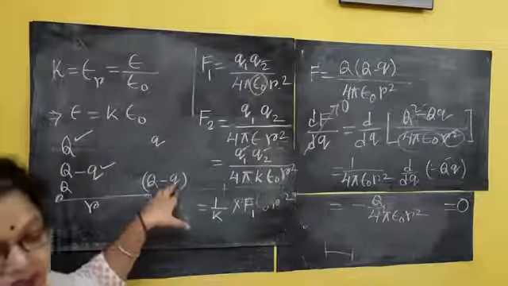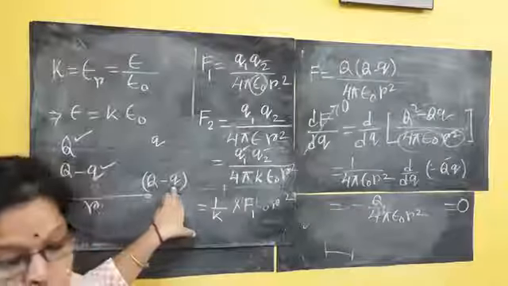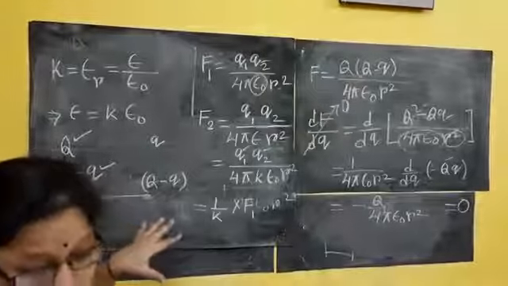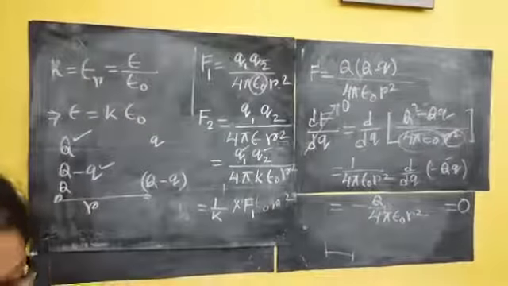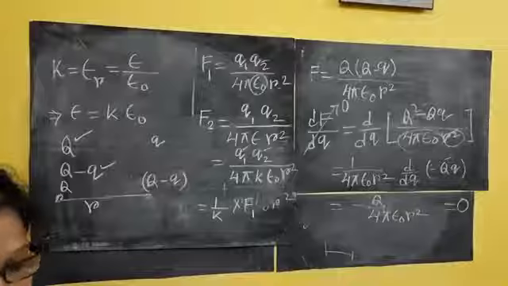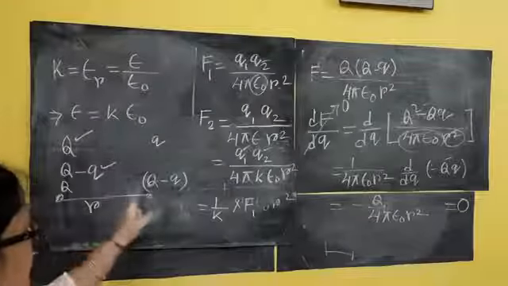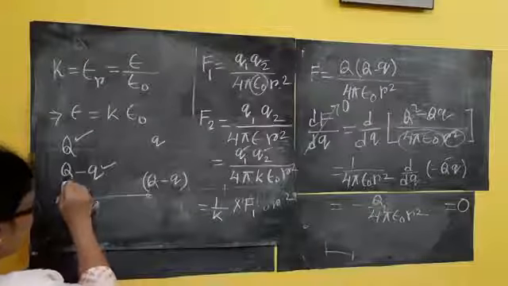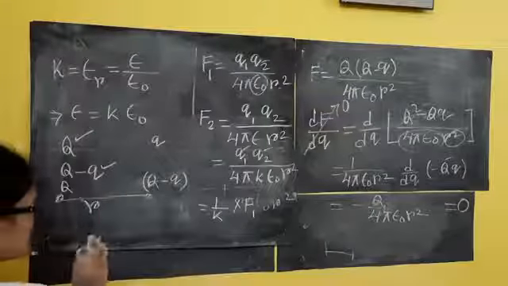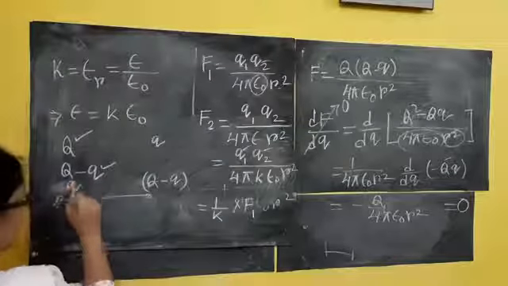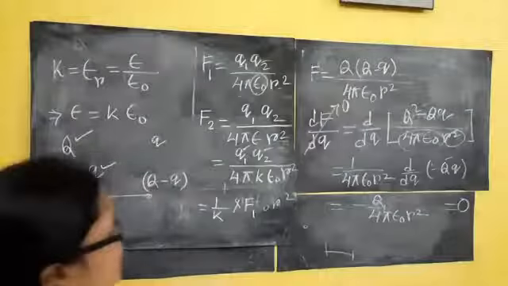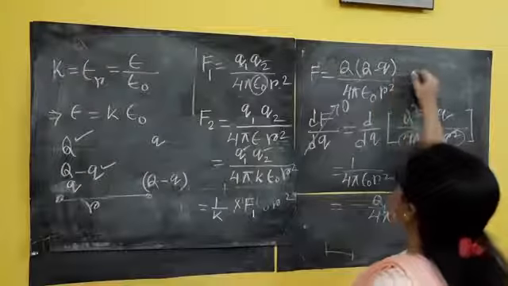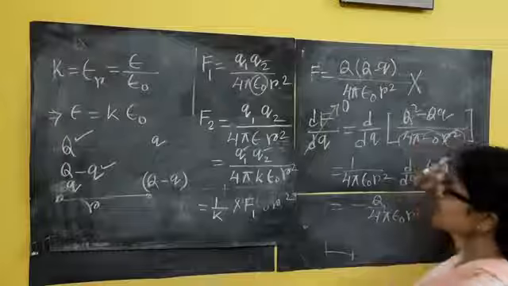When I take minus Q, the remaining is Q minus Q. Here I am having Q, and from that minus Q is taken. So Q into Q minus Q will not be applicable for this case.